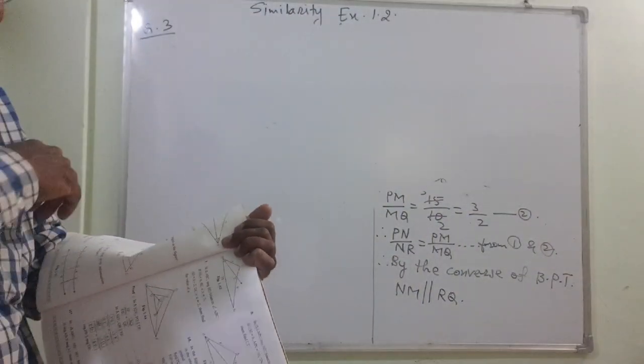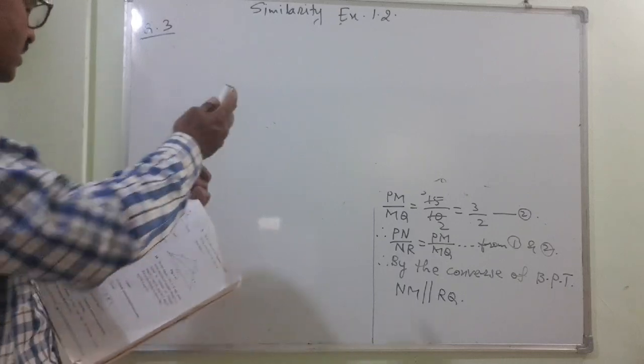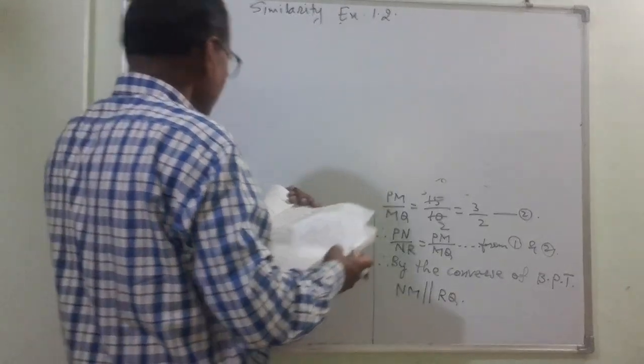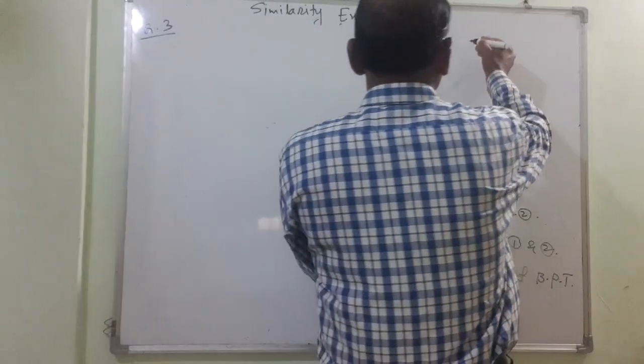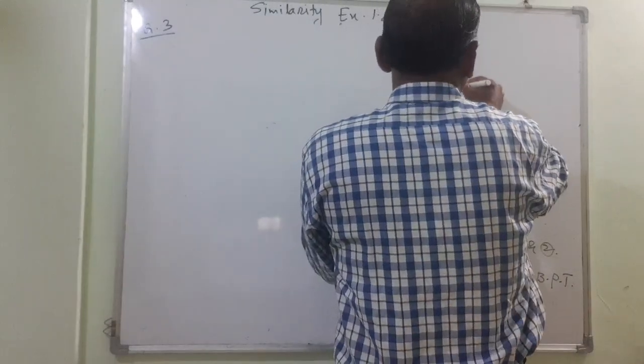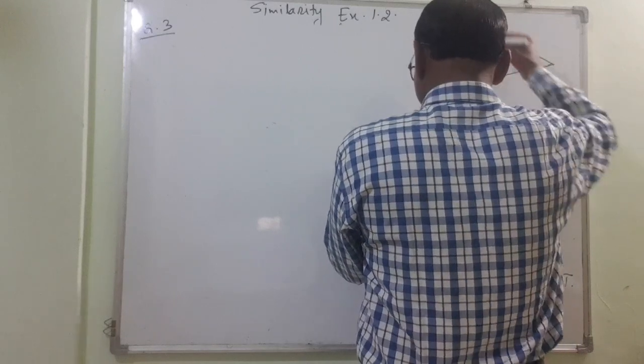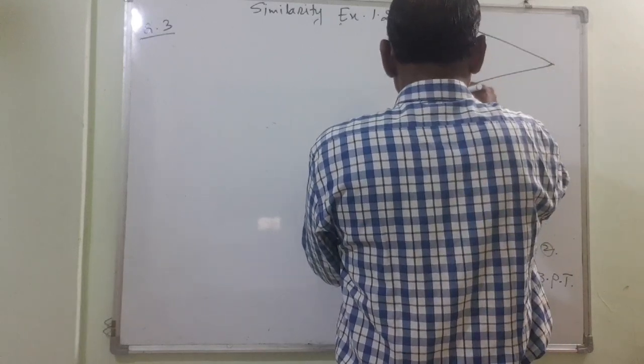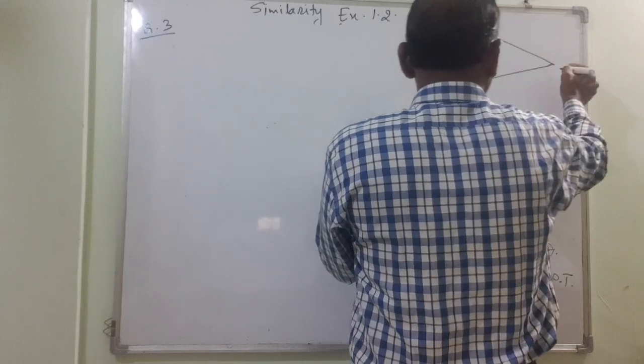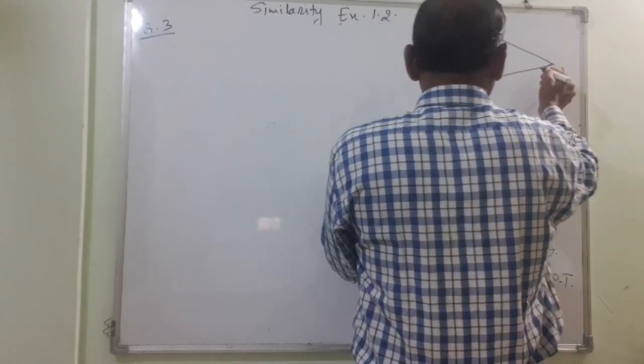So, what is that question? First of all, the figure I will draw. P, M, N. This is the triangle.